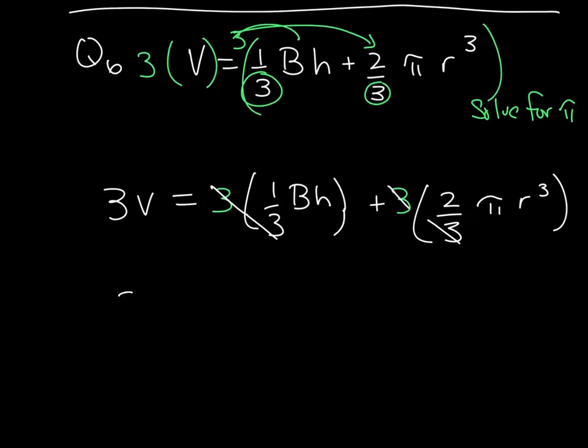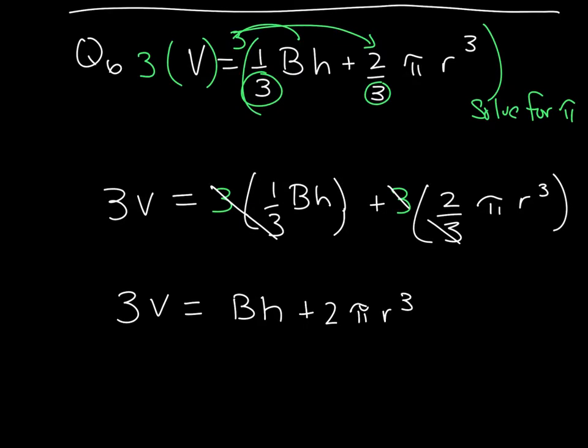So now when I rewrite this, I have 3v is equal to bh. You can put the 1 there if you want, but it is not necessary. And then plus 2 pi r to the third.